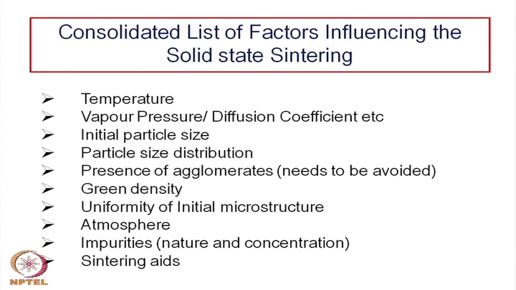I will just briefly discuss the liquid phase sintering because the time is not much. Sintering aids are also a kind of impurities; they go into solid solution or they interact with the basic material, and they may form a liquid phase, and that is how they help in sintering.